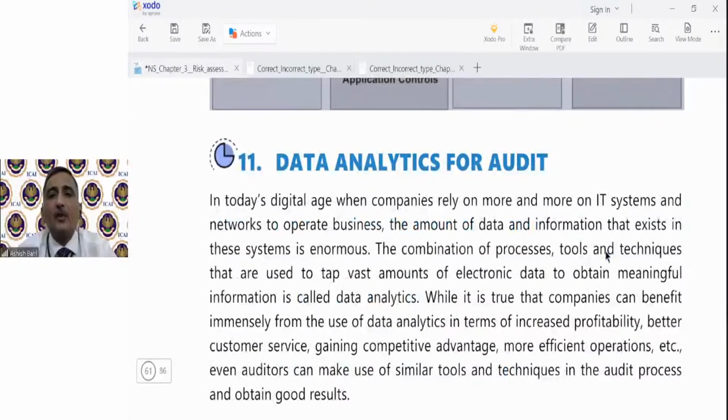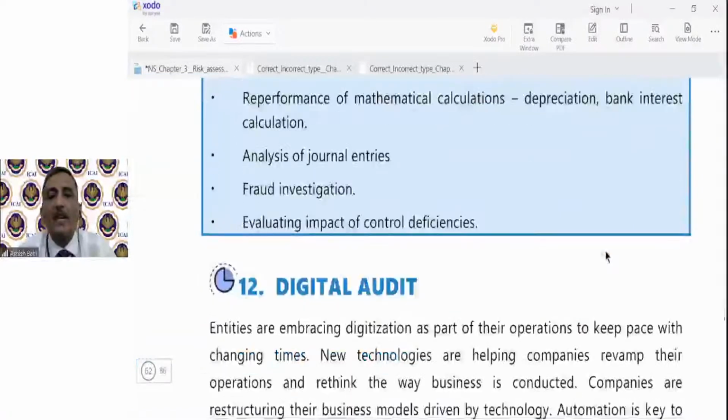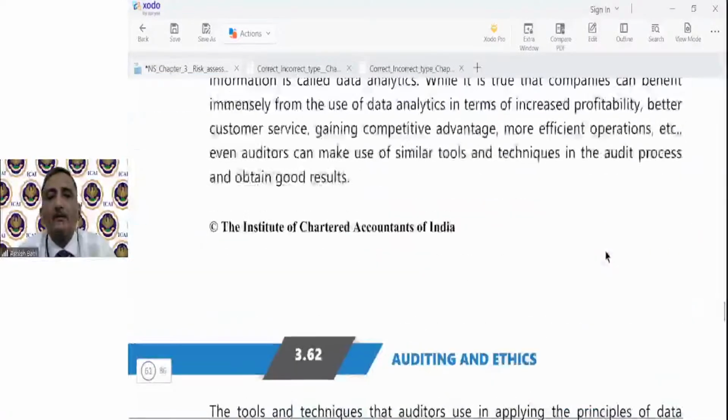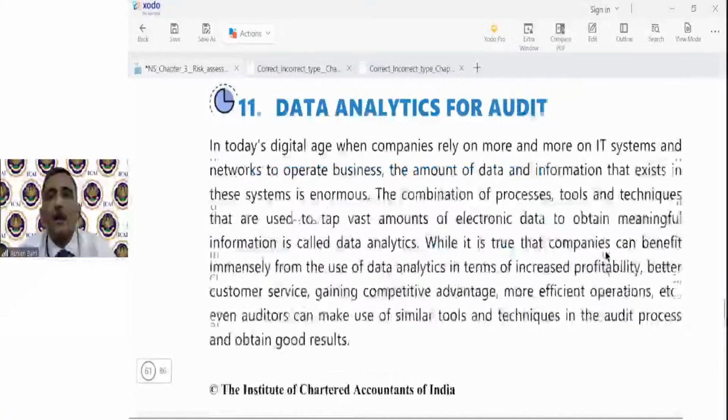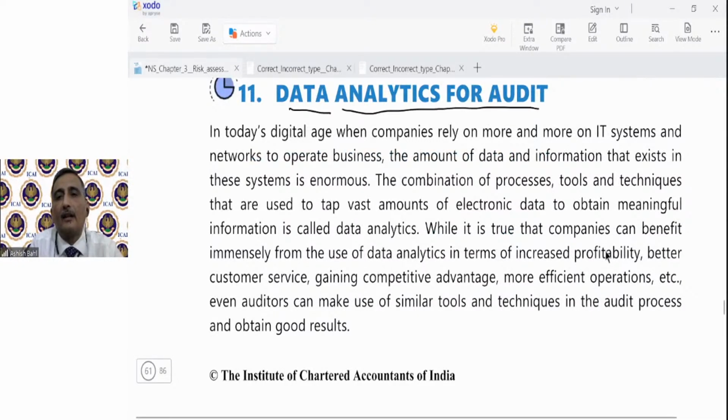And now we come to, students, data analytics for audit, and another topic is digital audit. Data analytics for audit. स्टूडेंट्स क्या मतलब है इसका, डाटा एनालिटिक्स फॉर ऑडिट?